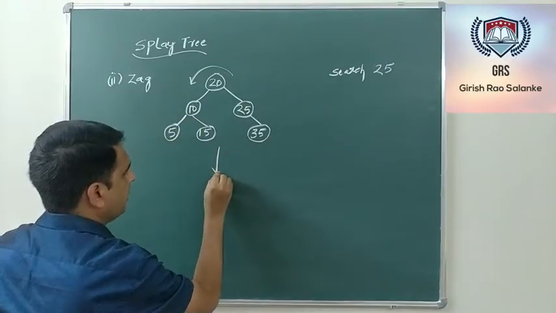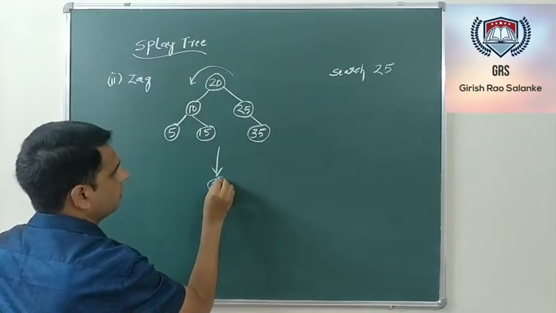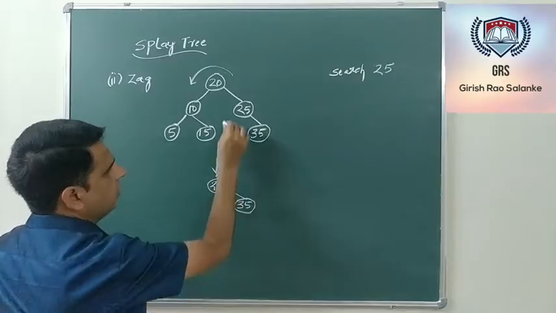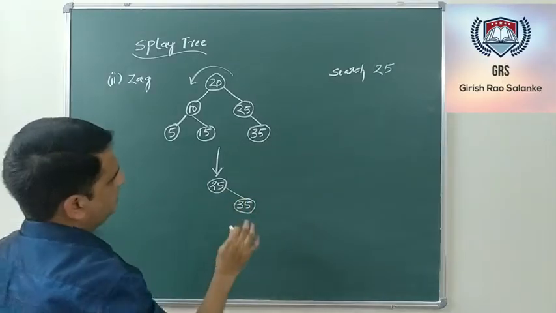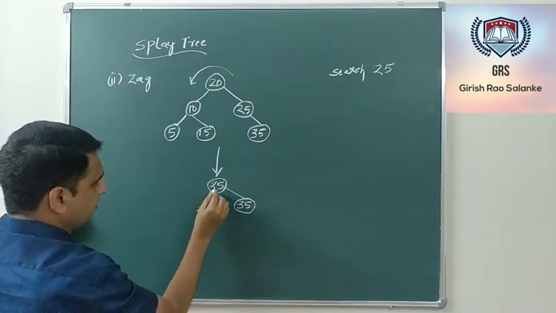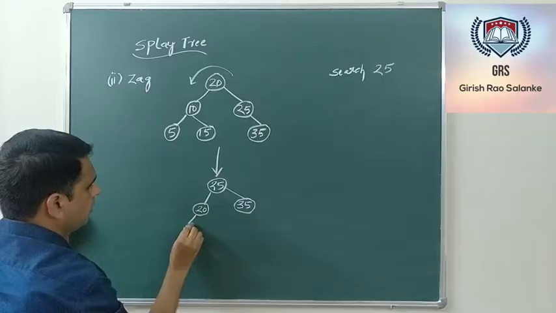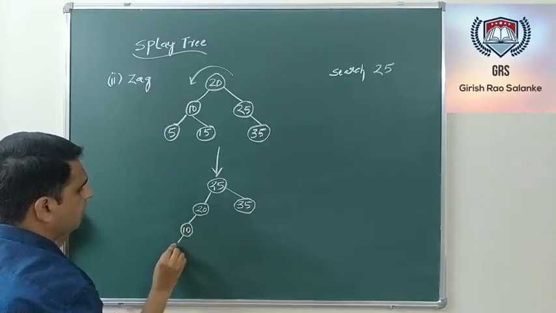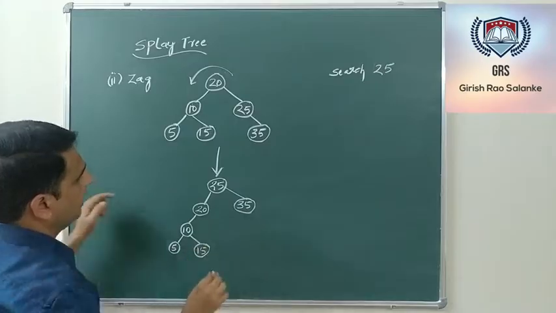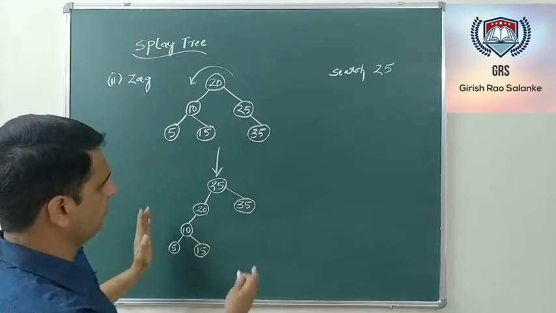So after performing a left rotation, 25 becomes the root node. 35 will be on the right side of 25 as it is. Now the left side of 25 will be 20, and to the left of 20, 10, left of 10, 5, right of 10, 15. As there was no left child to this 25, this remains as it is.